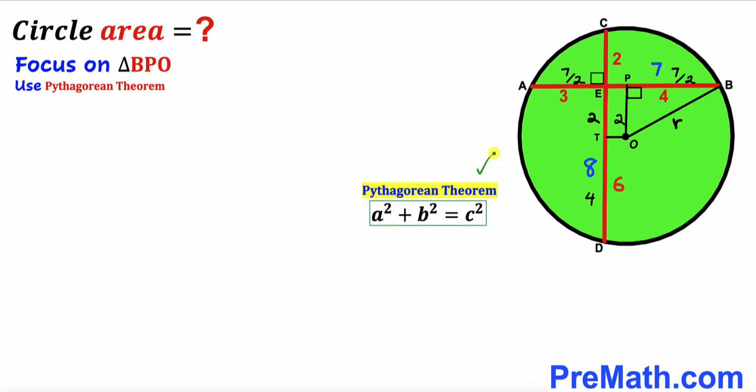Here's our Pythagorean theorem: a squared plus b squared equals c squared. In our case, our hypotenuse is r, whereas our two other legs are 2 and 7 divided by 2. Let's fill in the blanks: 2 squared plus (7 divided by 2) squared equals r squared.